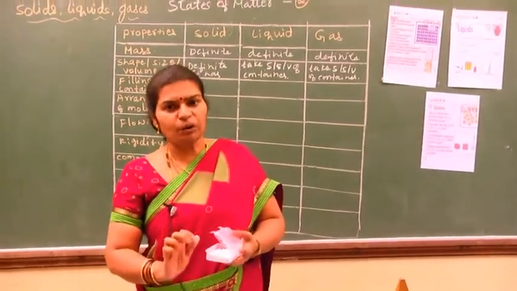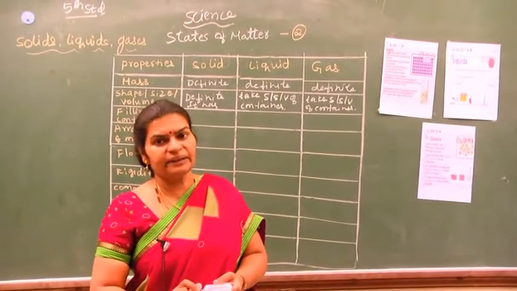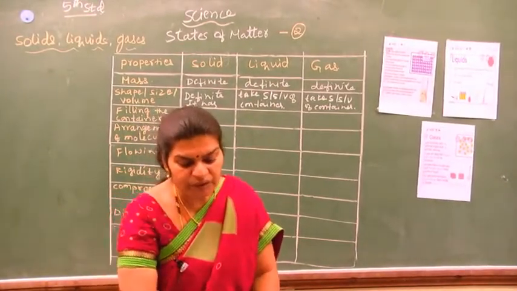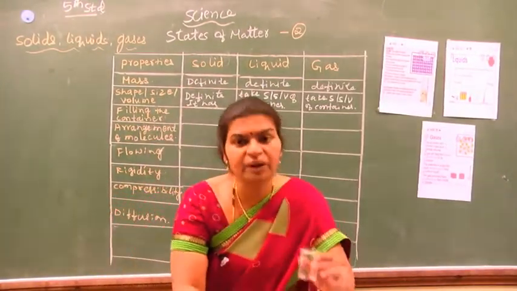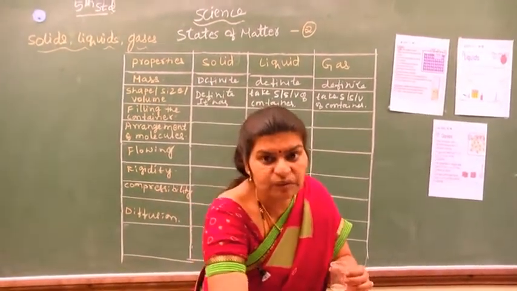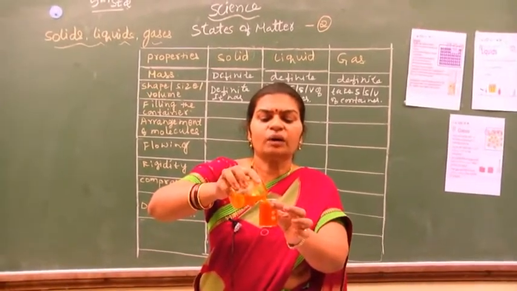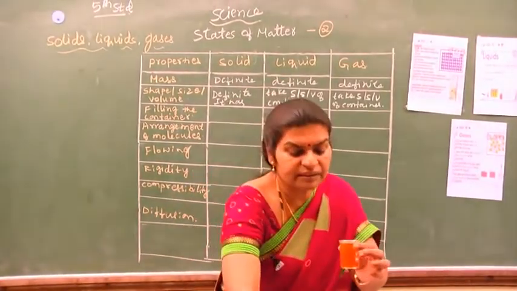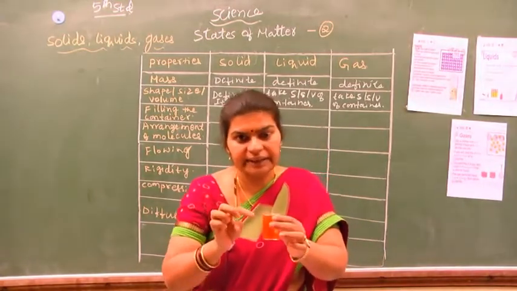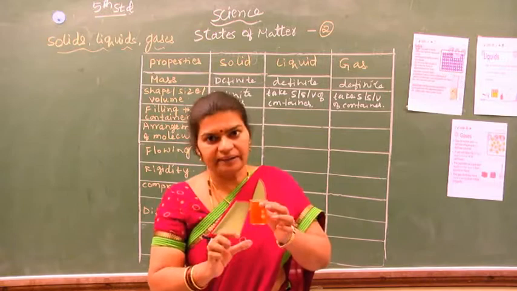It will not occupy the whole place inside that container. But when I put a liquid inside, what happens to the liquid? It is going to occupy the place inside the container completely. No place will be left inside.